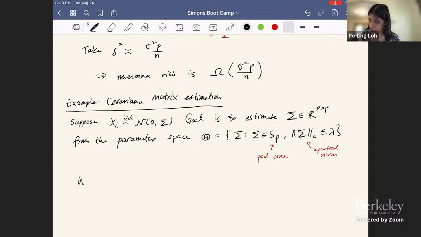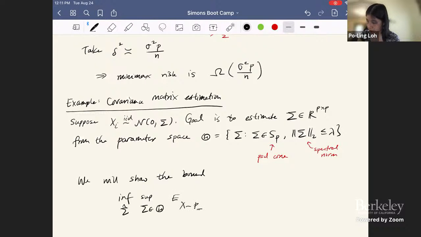And we will show the bound: infimum over estimators sigma hat, supremum over sigma in our space theta, expectation with X distributed as P_sigma, and again we have an n-fold set of samples, of the squared 2-norm of sigma hat minus sigma, is equal to omega of lambda squared p over n.